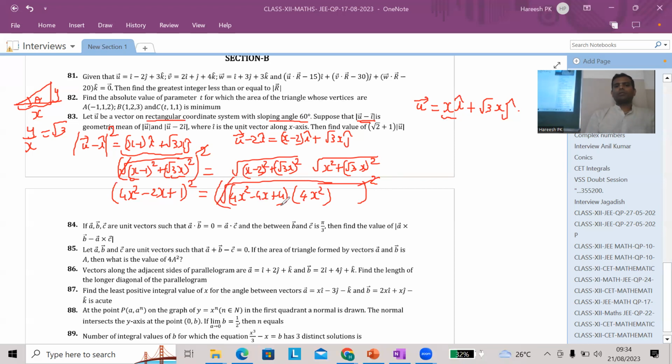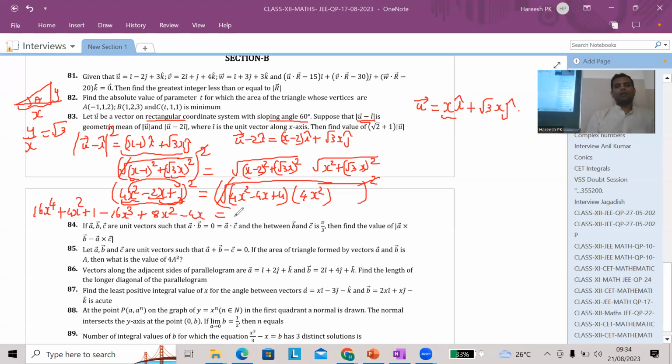Now when you square on both sides, this will get cancelled. Now use a plus b plus c whole square here. a square is 16x power 4, plus b square, plus minus 4x square plus 1, minus 2ab. When you multiply this, you'll get 16x cube, and then minus 4x, minus 2x multiplied by 2.